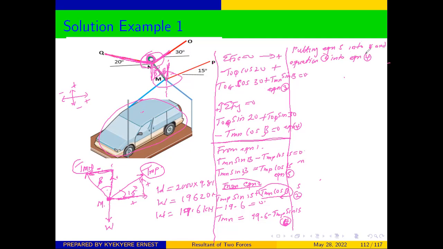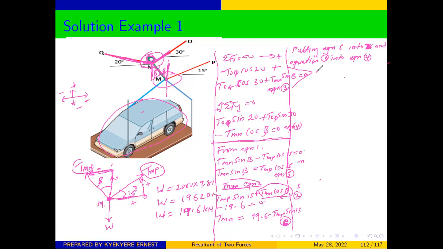Now, when we put equation 5 into equation 3, we are going to get... because of space, I don't want to write equation 3 again.